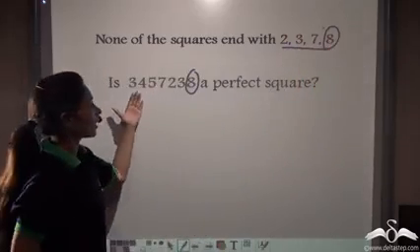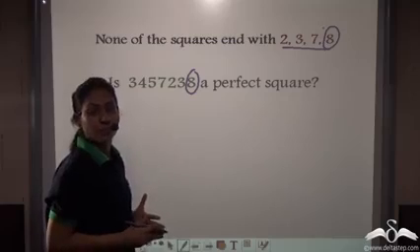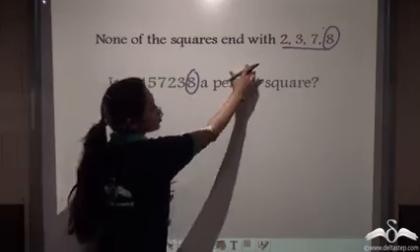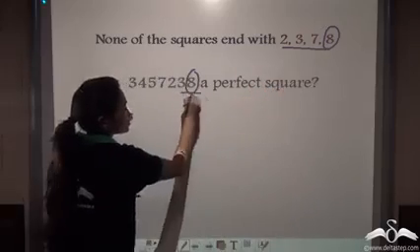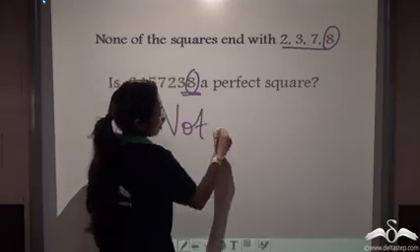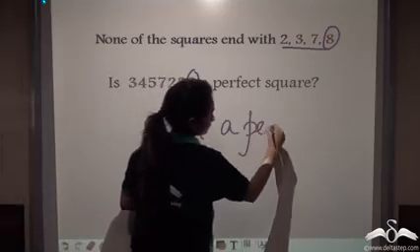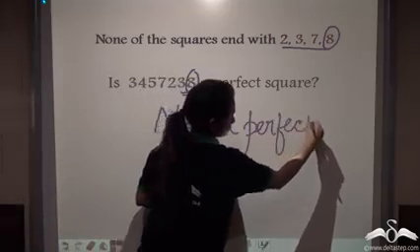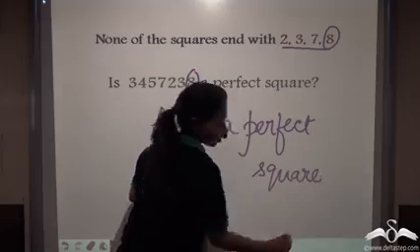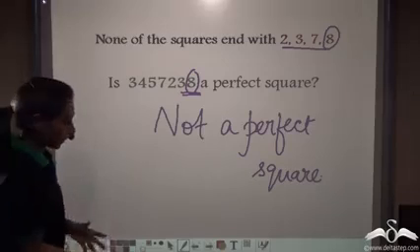So, you don't have to take out the square root of this number. So, large numbers like this, if they have 2, 3, 7 or 8 in the unit digits, you can directly answer that it is not a perfect square. So interesting, isn't it?